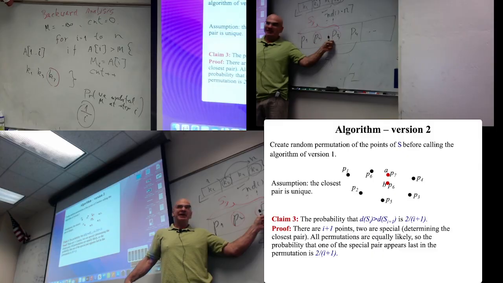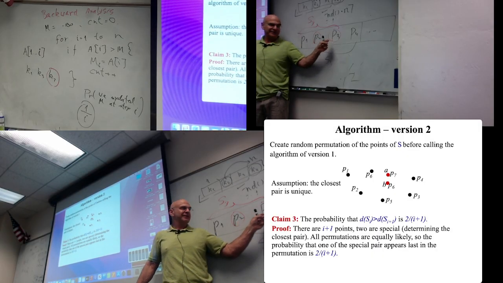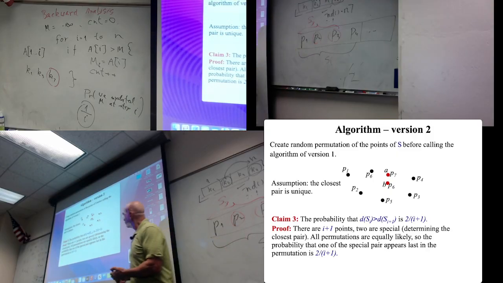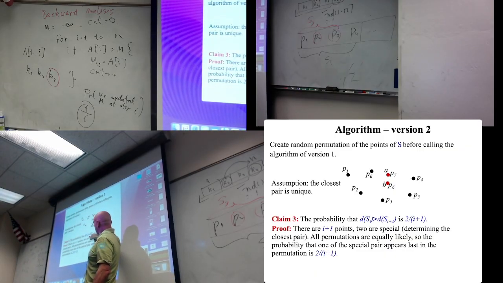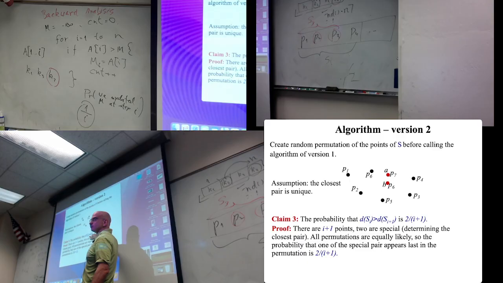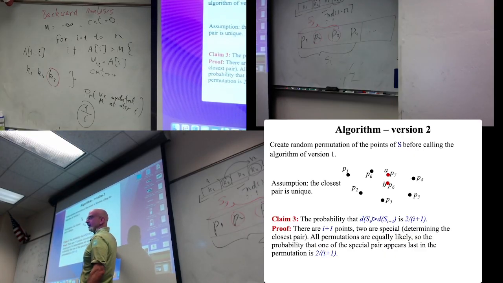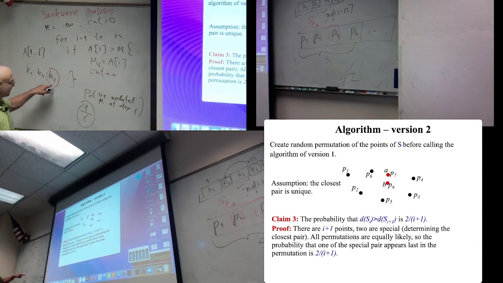Well, it could be either this one or this one. 1 over i if it's this one, 1 over i if it's this one. So the probability that the i plus 1 point that I added participates in the closest pair of all the points so far is 2 over i. It's just a two-dimensional equivalent of the maximum or the minimum, but instead of the maximum determined by one element, the maximum is determined by 2.